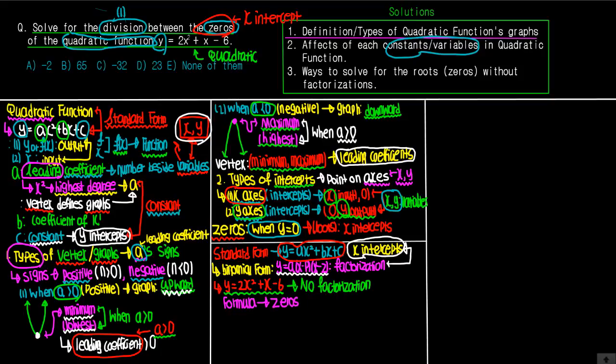But it would take us a long time if it is not factorable, if we can't apply our factorization. So a lot of mathematicians thought about how we're gonna solve for the zeros when it is non-factorable, because we can't convert into a binomial form.